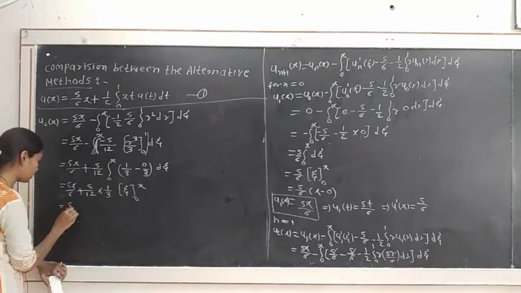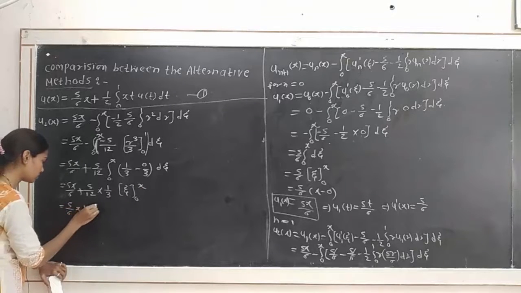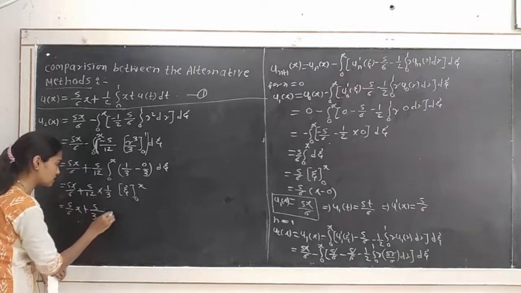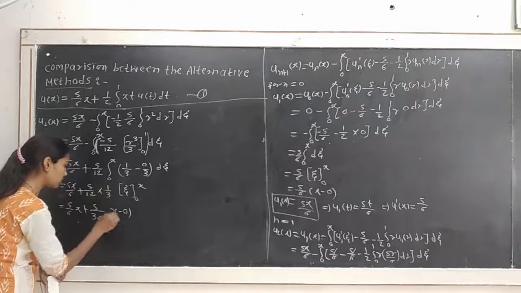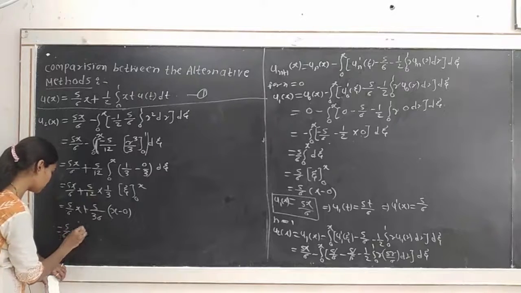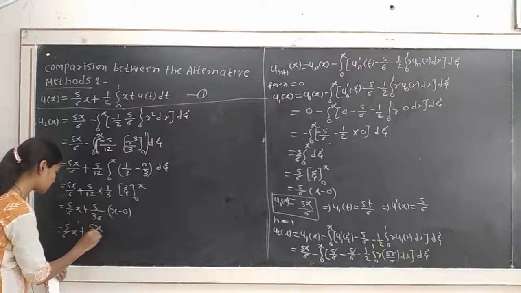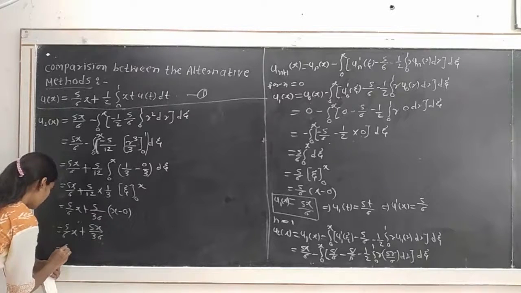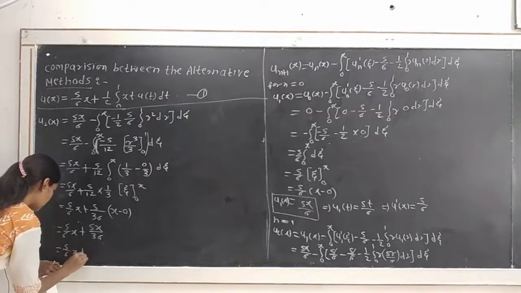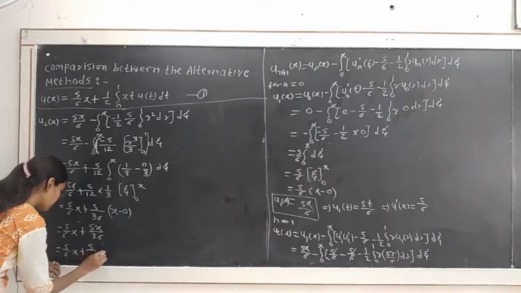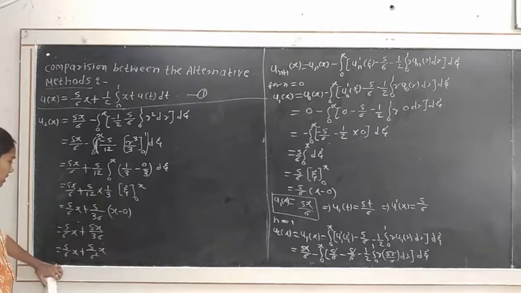So we get 5 divided by 6 into x plus 5 divided by 12 into 3, which is 36, and by putting the limits we get x minus 0. So we get 5 divided by 6 into x plus 5x divided by 36, or we can write it as 5 divided by 6 into x plus 5 divided by 36, that is 6 square, into x.